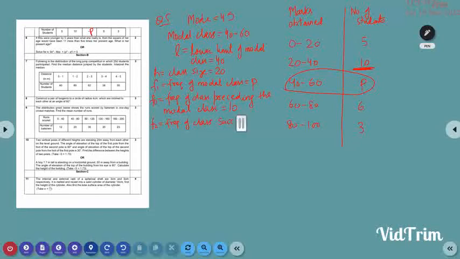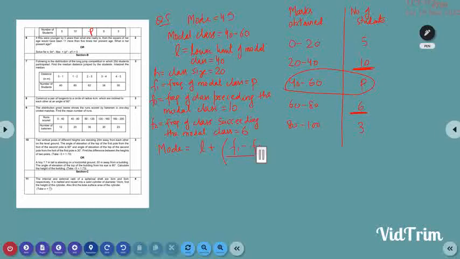So this will be 5, and this 20 can be taken here. So 5 by 20 will be equal to (P minus 10) by (2P minus 16). So this 5 by 20 will be 1 by 4. On cross multiplying, 2P minus 16 will be equal to 4P minus 40.